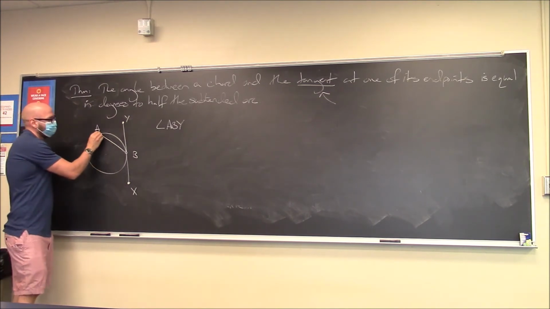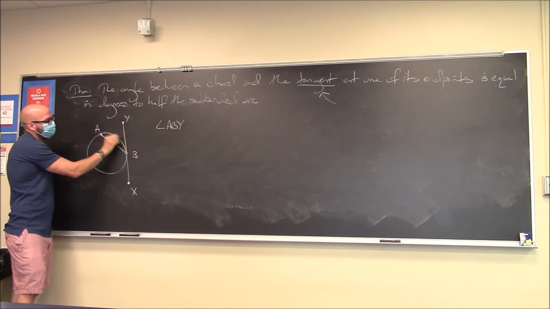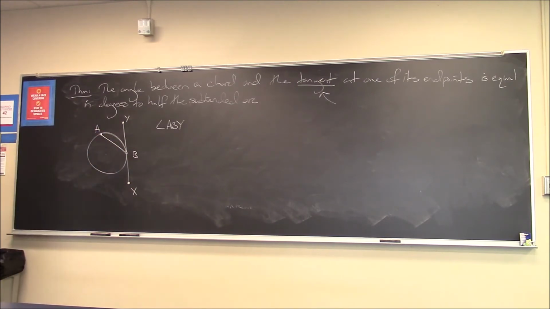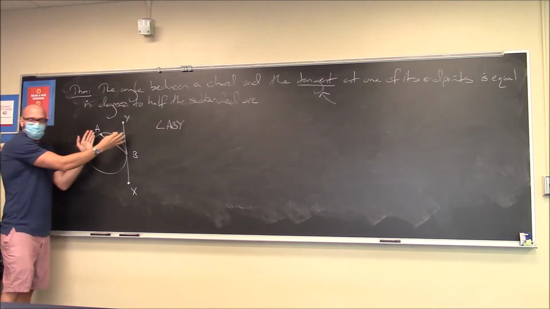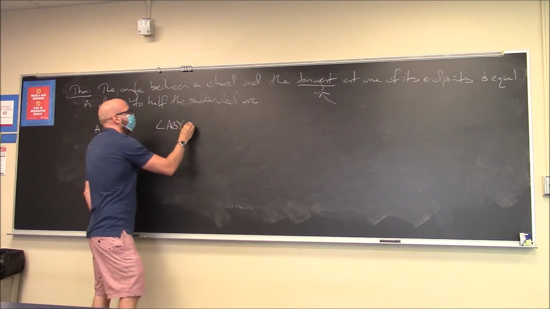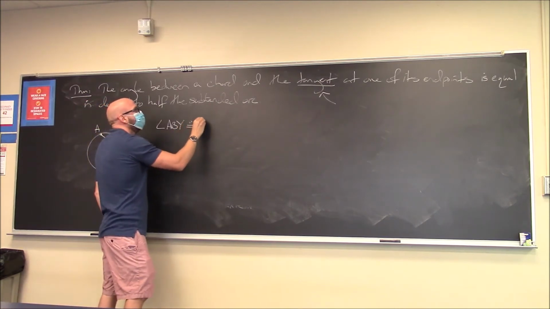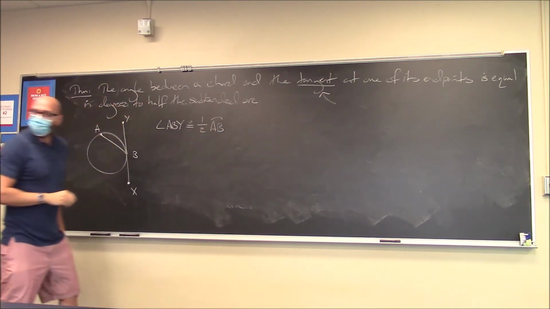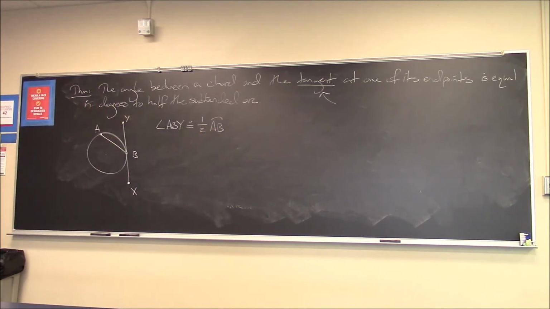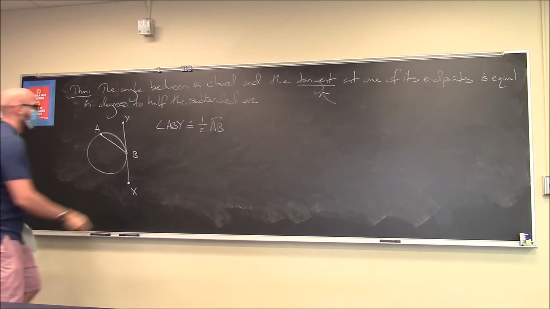Here, the subtended arc between a chord and this tangent would just be this arc AB. Subtended arcs are always the arc that's inside of the angle. And so this is equal in degrees to 1/2 AB. This is what this theorem is getting at.